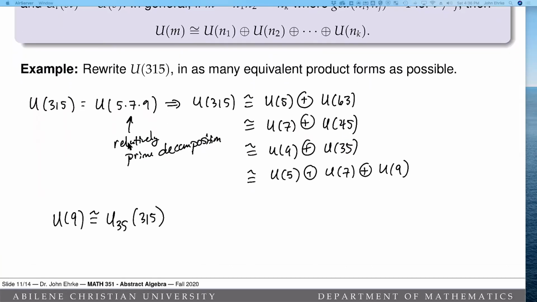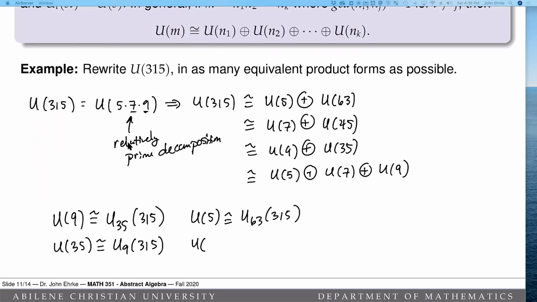You can also say, for instance, that U35, its missing factor would be 9, so it's isomorphic to U9 of the original group. You could say U5, then the missing factor for 5 would be 7 and 9, so this would be 63. It's isomorphic to U63 of 315. And U63 would be isomorphic to U5 of 315.